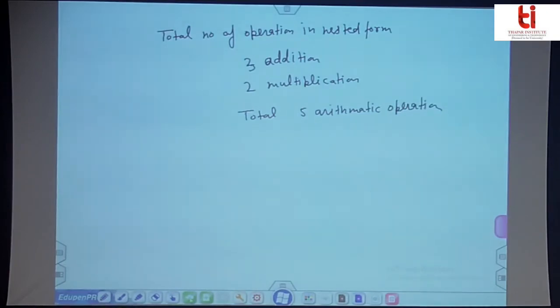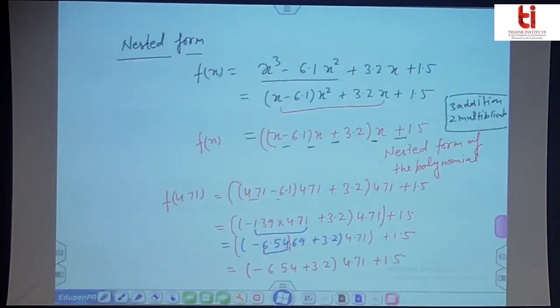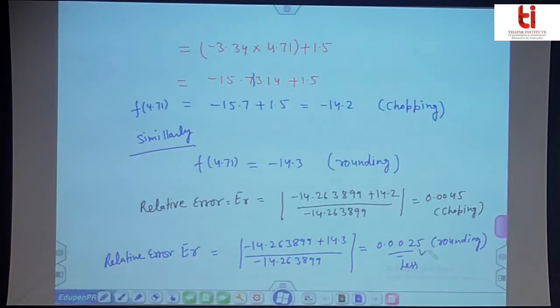If we see in simple computation, there are 7 total arithmetic operations. So you can see from here, error in nested form is smaller in comparison to the simple polynomial evaluation, and the number of operations is also less in nested form, so round-off error can be reduced.